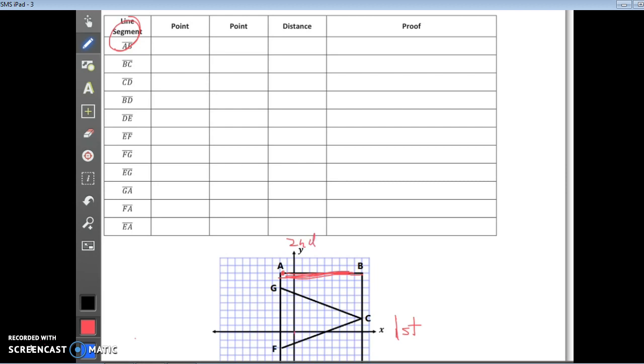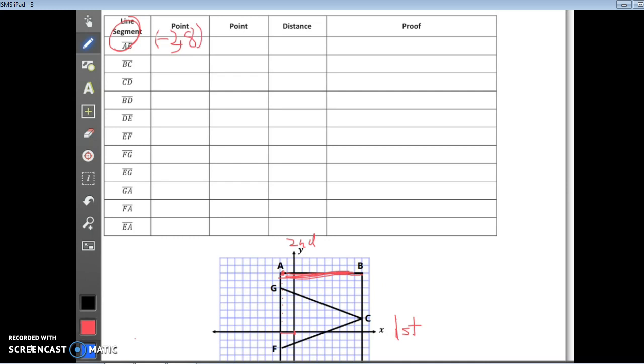We're going to start at 0, 0, and go over 1, 2. So my X coordinate is going to be negative 2. And my Y coordinate is going to be, let's count up, 1, 2, 3, 4, 5, 6, 7, 8. It's negative 2, 8. That's the point A.